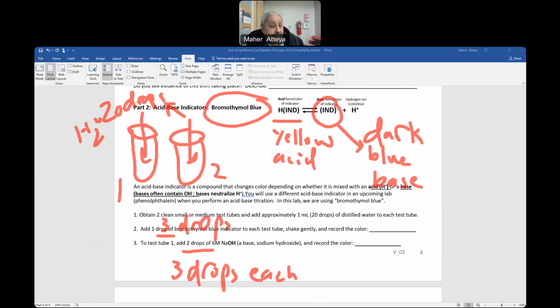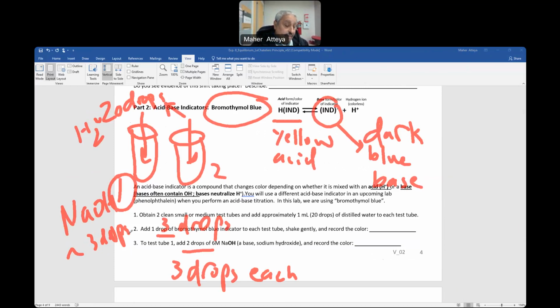Okay, so we added 3 drops of the indicator. Then you'll add 3 drops of sodium hydroxide to test tube 1, and you'll stir. Test tube 2, and you have to record the color. When you add sodium hydroxide, what will happen?